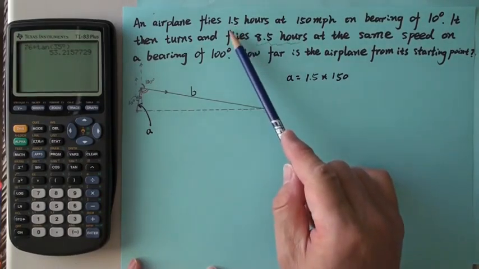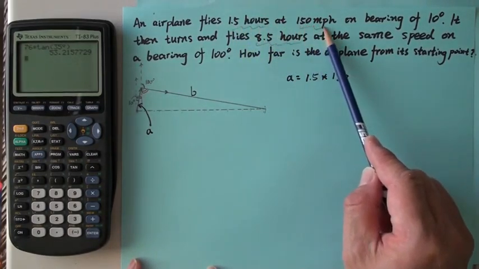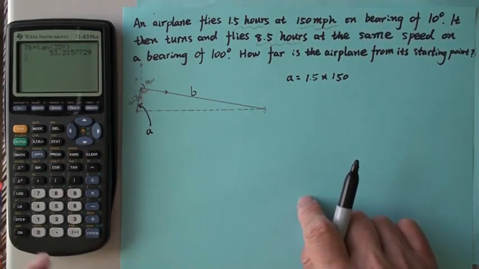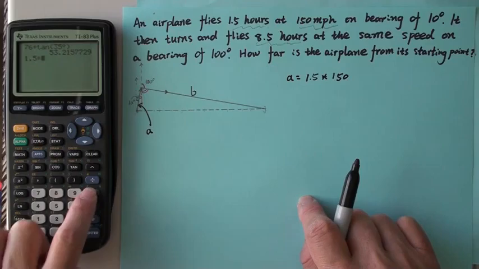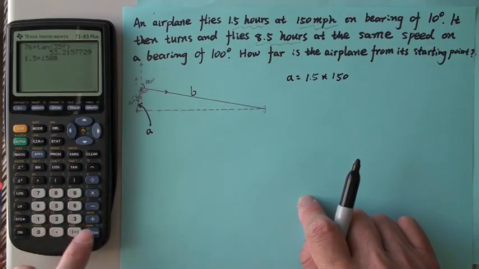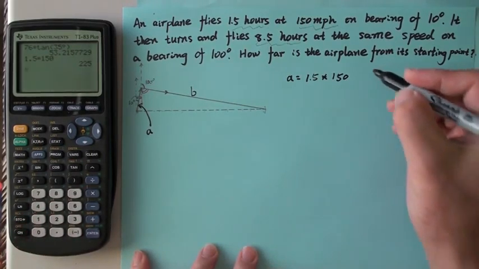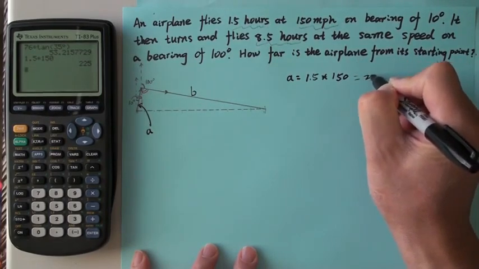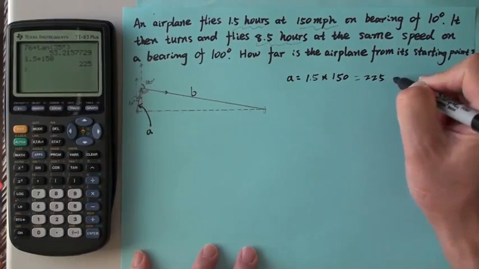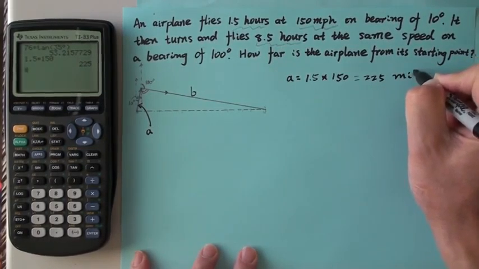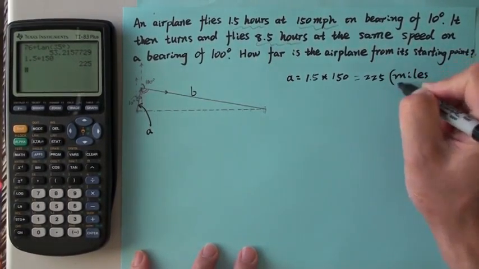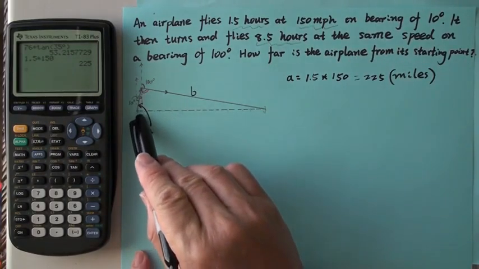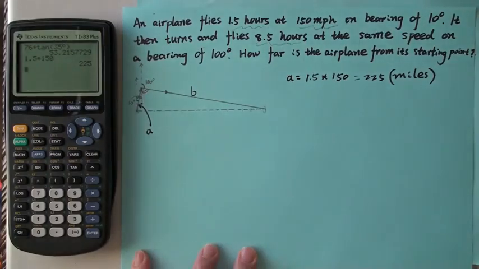Time times the speed is the distance. So that's 1.5 times 150. You hit enter. You then have 225 miles. So that's the length of A, from this point to this point.